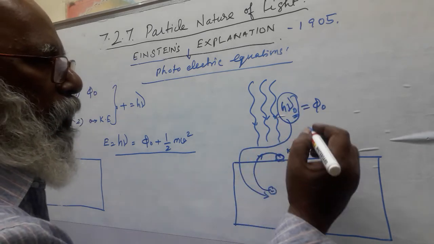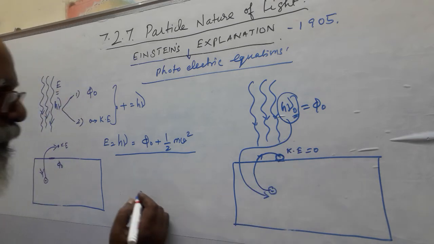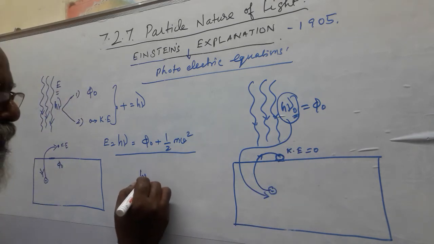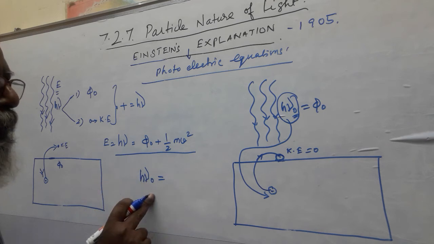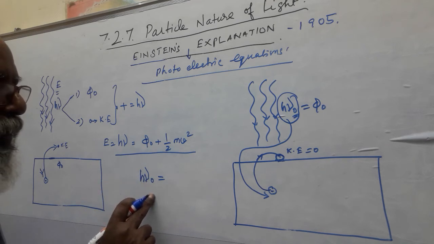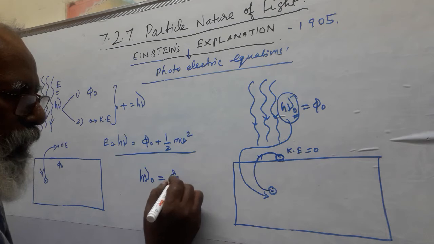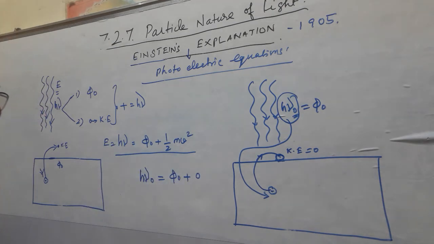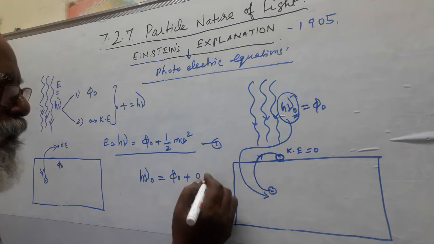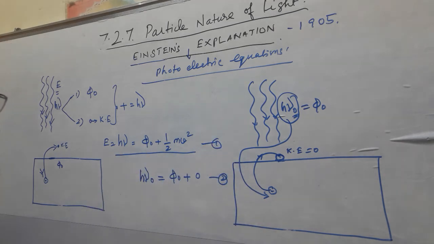Here we can modify the equation: h nu naught, the incident ray energy, is equal to phi naught plus kinetic energy equal to 0. This is equation 1. This is equation number 2.